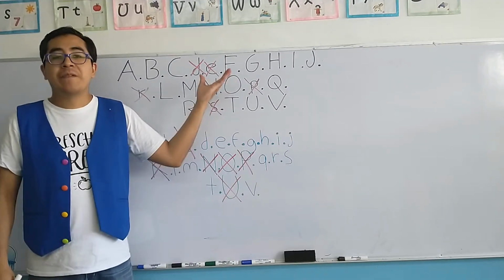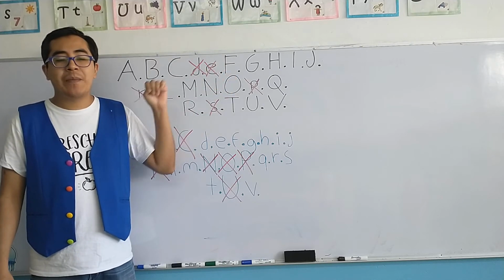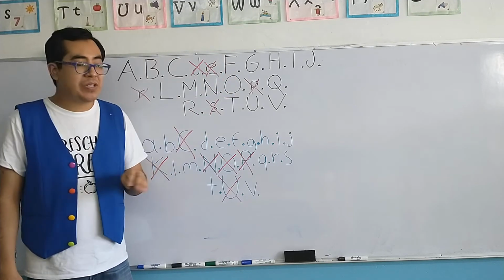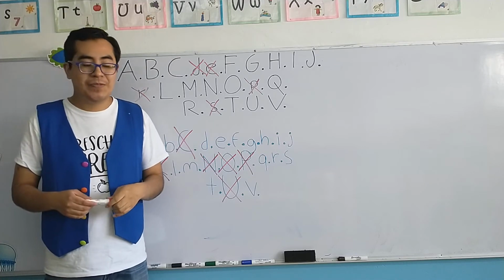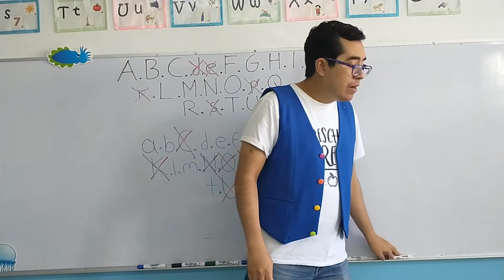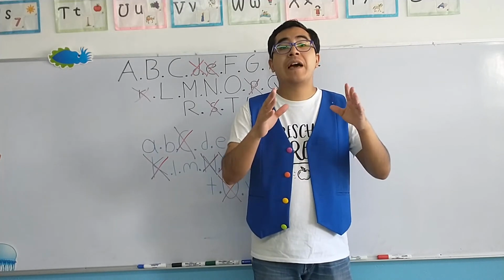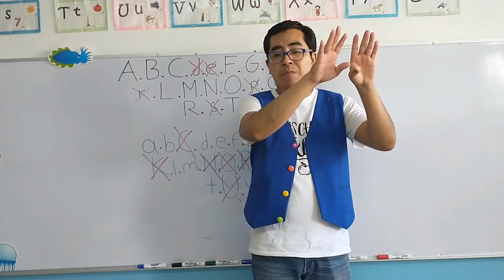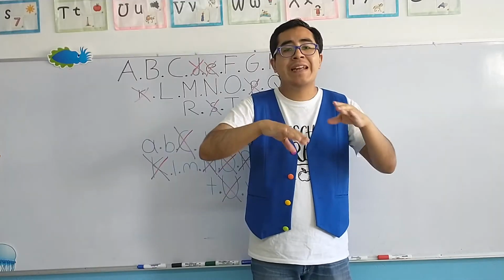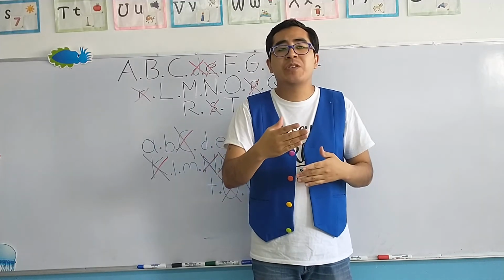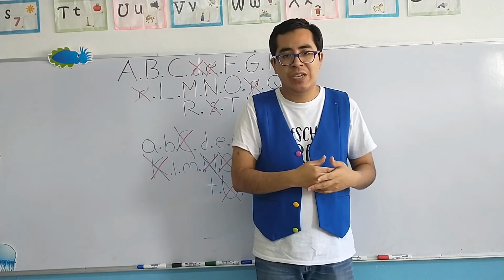So remember, the first part of the exercise, capital letters. The second part, small letters. Remember, my children, it's very important that you practice the alphabet, okay? First of all, in order, and then in disorder, like we have done it on previous exercises.